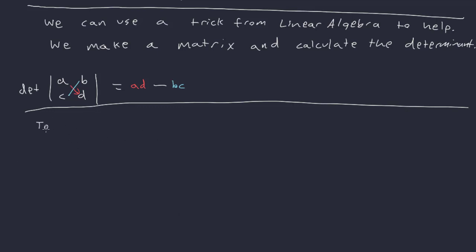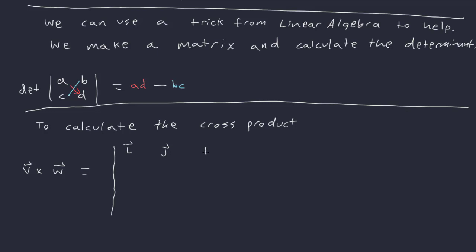So to calculate the cross product, V cross W, I set up a 3x3 matrix in the following way. I do I, J, K in the top row. Then in the second row, I do Vx, Vy, and Vz. And in the third row, I do Wx, Wy, Wz.